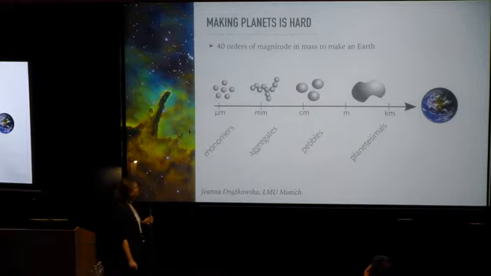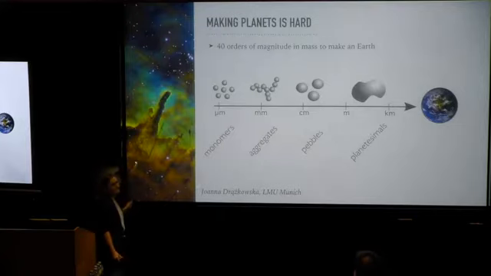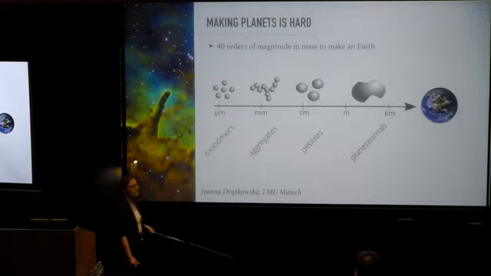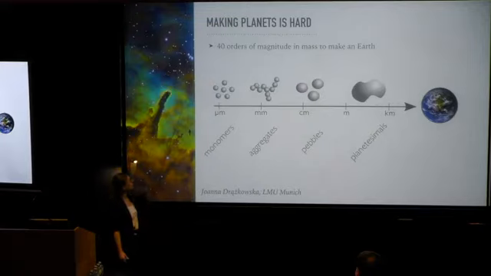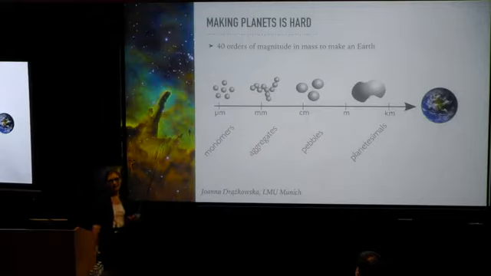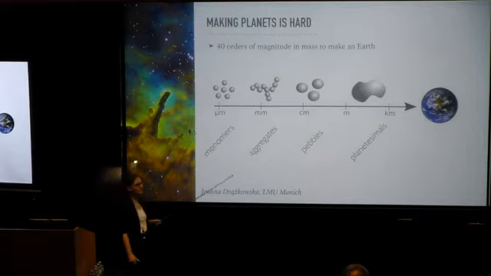This is just to remind you that if we want to build planets starting with the smallest solids that we think we have available in the protoplanetary disk, which are the submicron and micron-sized grains, then the road to forming an Earth-sized planet is already very long, because we would need to go through about 40 orders of magnitude in mass to make just one Earth, which means we would need to bring together 10 to the 40 of these micron-sized grains to build one Earth-sized planet.